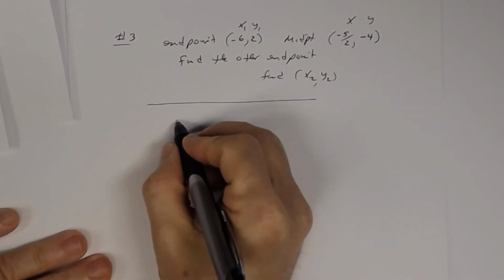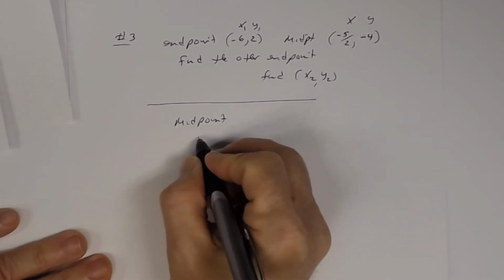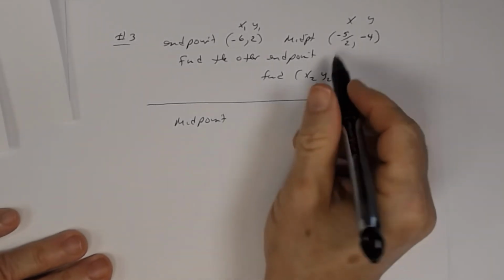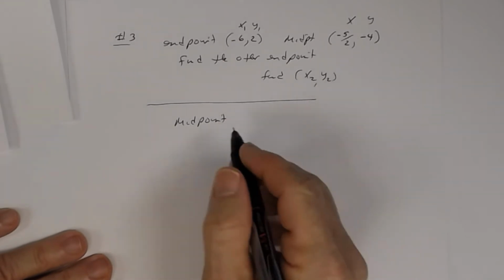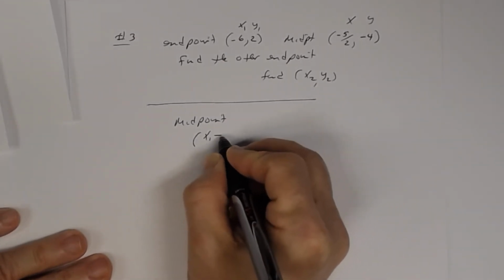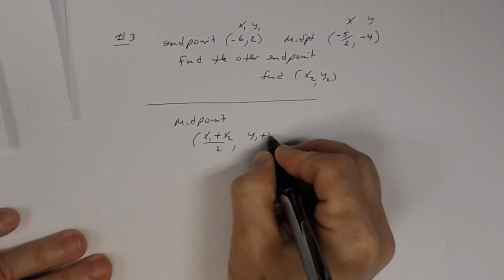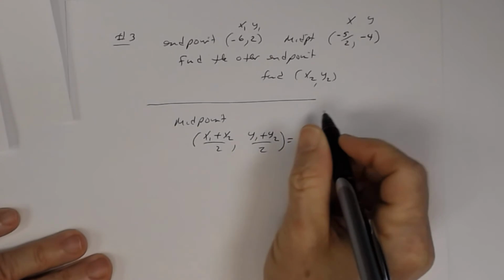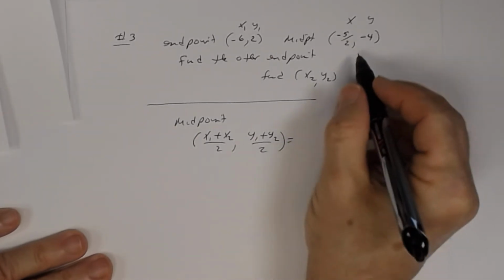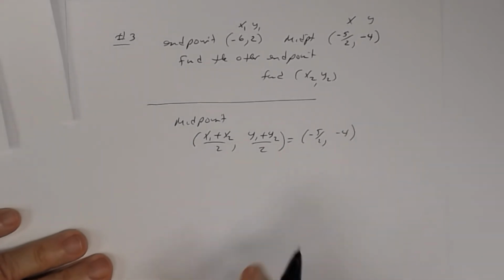And so I know that my midpoint, which is in this case negative 5 halves, negative 4, but I know my midpoint formula is this. You're going to say x1 plus x2 divided by 2, comma, and then y1 plus y2 divided by 2, and that's going to equal the midpoint, which is this. So let's use this right here: negative 5 halves, comma, negative 4. Okay?